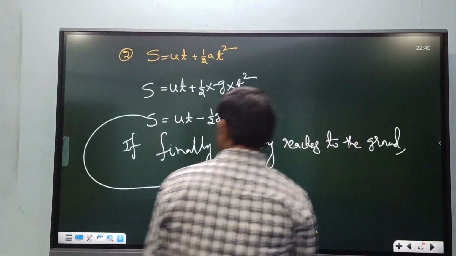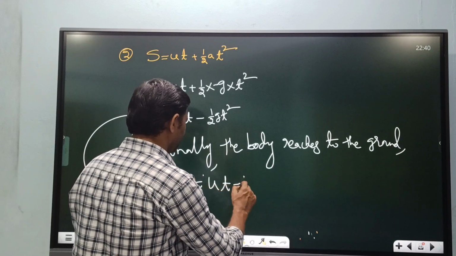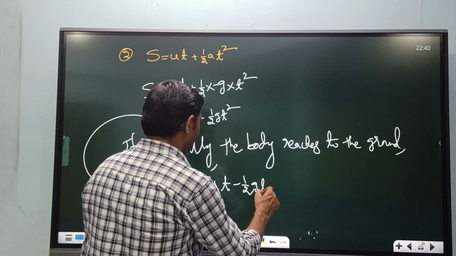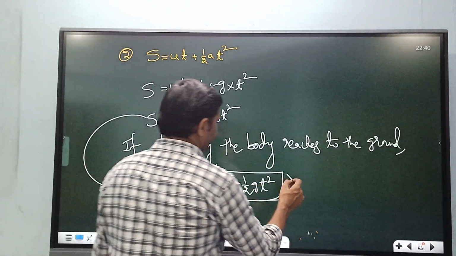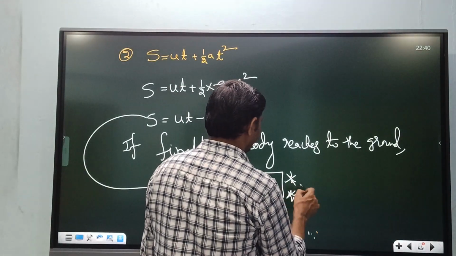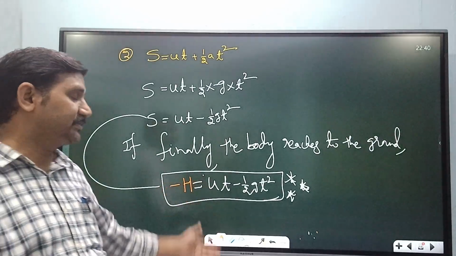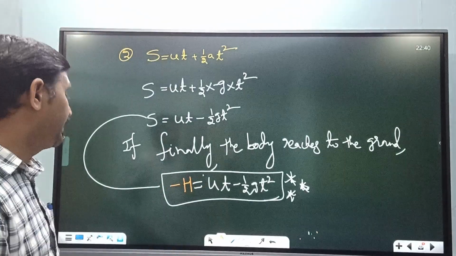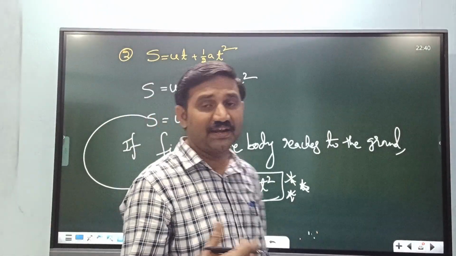So S is replaced by minus h: minus h is equal to ut minus half gt square. This is very important from the examination point of view. Many times questions are based on this, given in JEE Mains and NEET also. This is about S is equal to ut plus half at square.